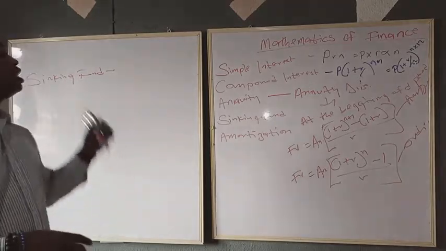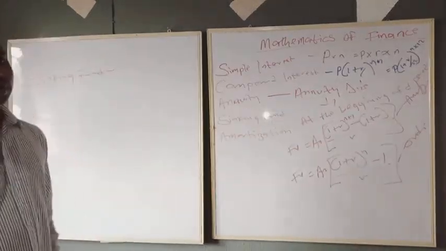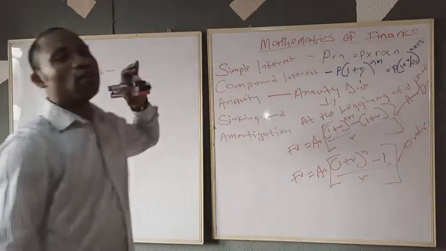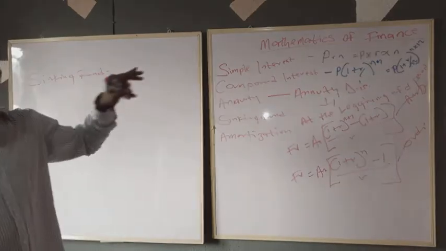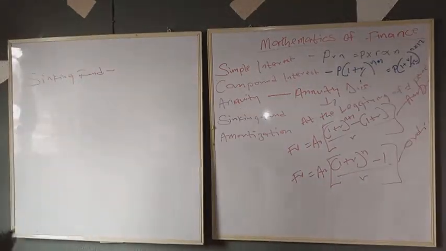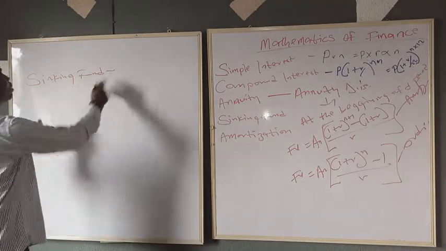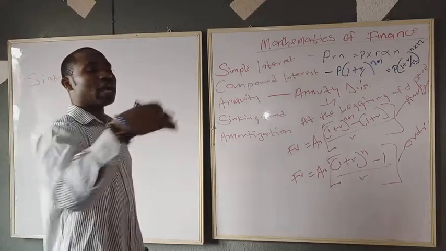When the payment is made at the beginning of the period, we already know that for the annuity that is annuity due, and we know the formula. The question will always state whether the payment is being made at the beginning of the period or at the end of the period.